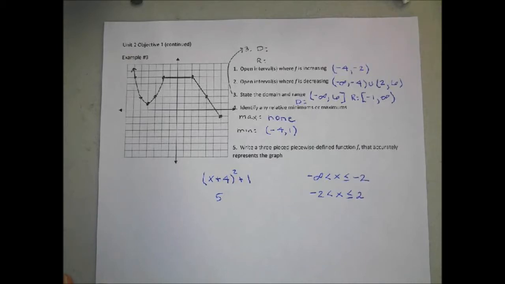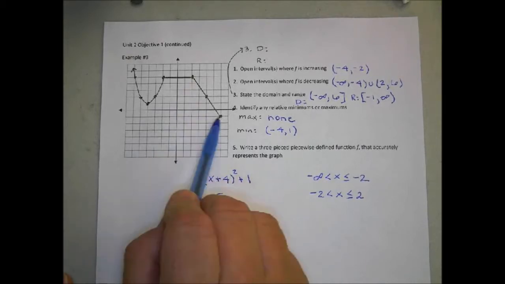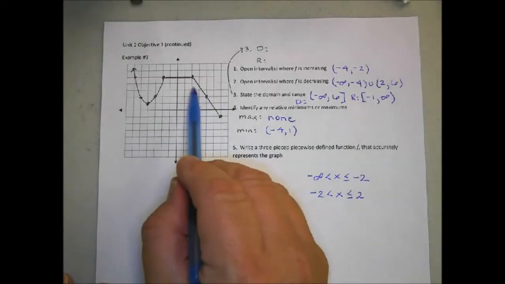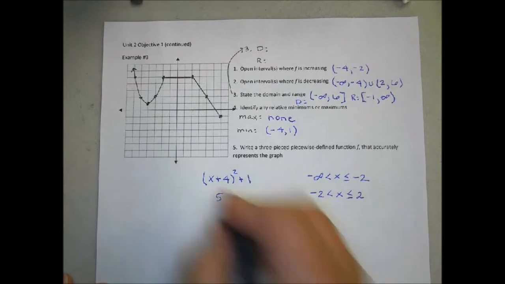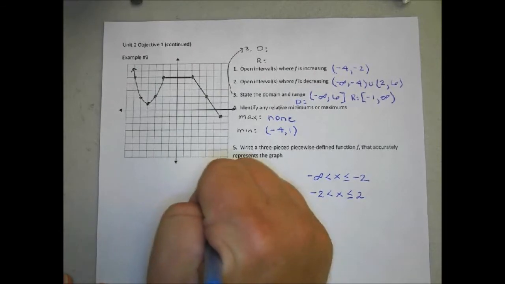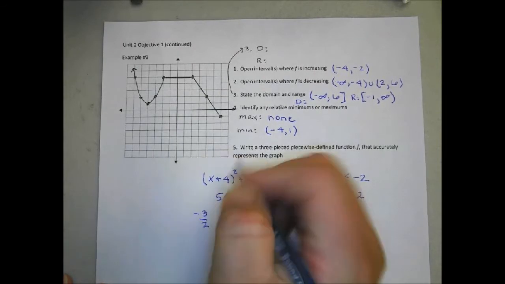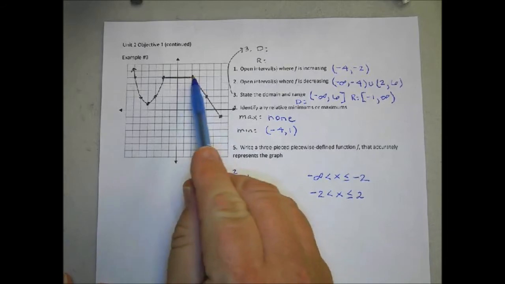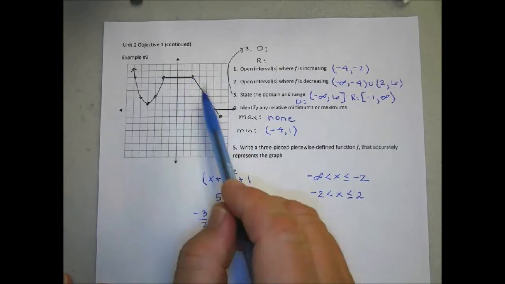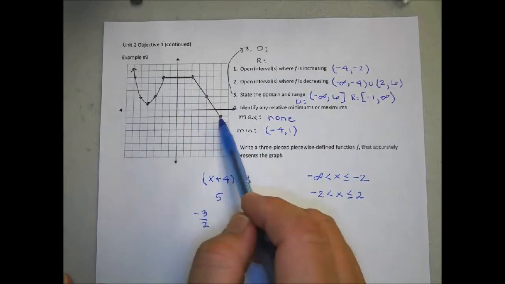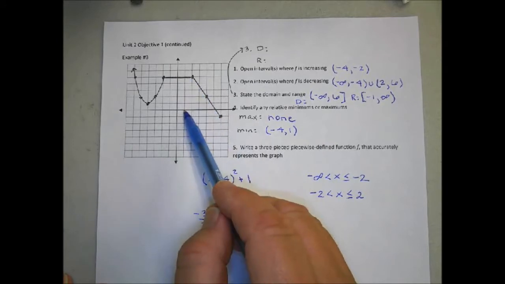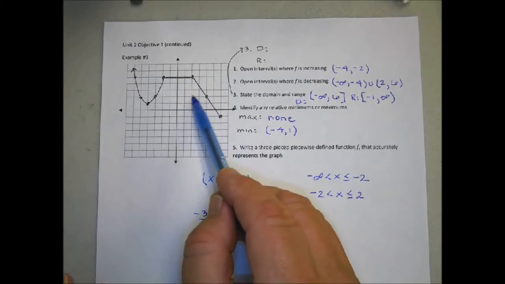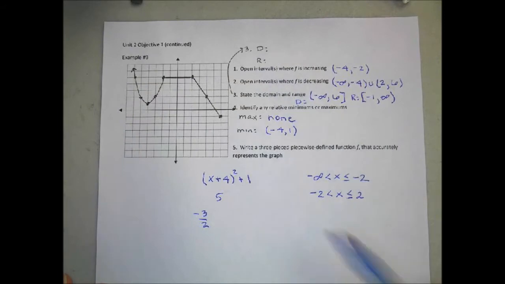Now, the last part of the graph is this linear part that has a negative slope. Well, we can figure out what the slope is really easily. 1, 2, 3, 1, 2. -3/2. Down 3 over 2. Now, I'm going to pick this point to use to write the equation, but I'm also going to show you you could have used this one and that one. Well, this point is 2, 5.